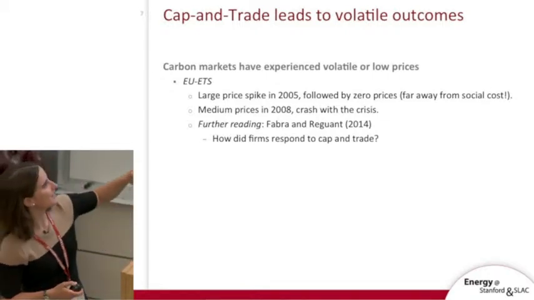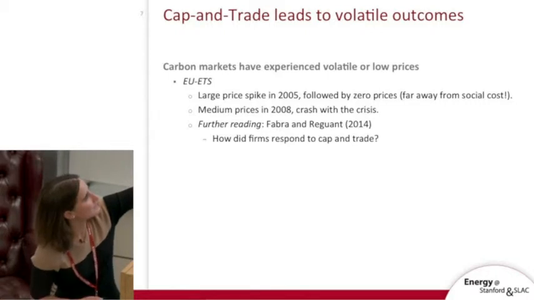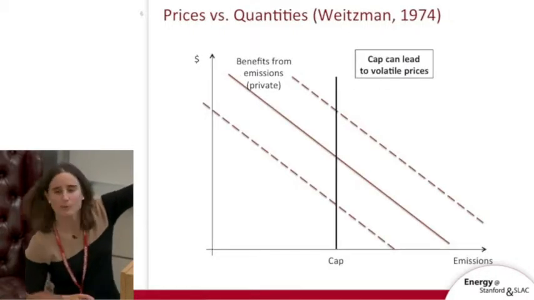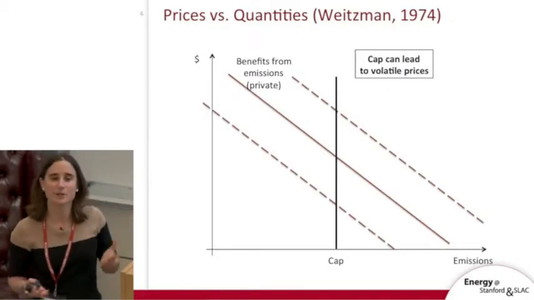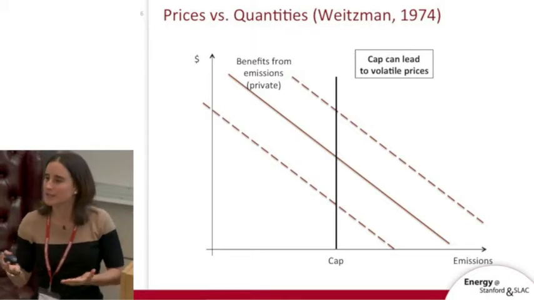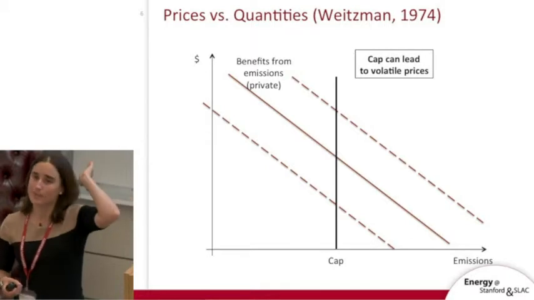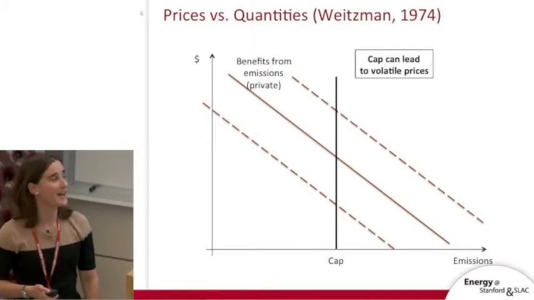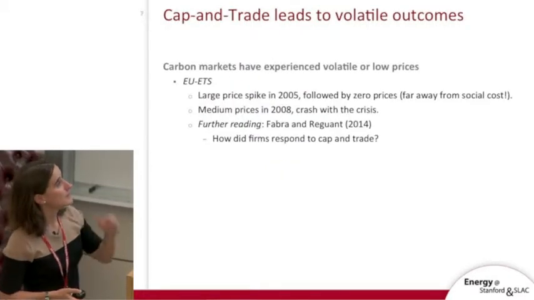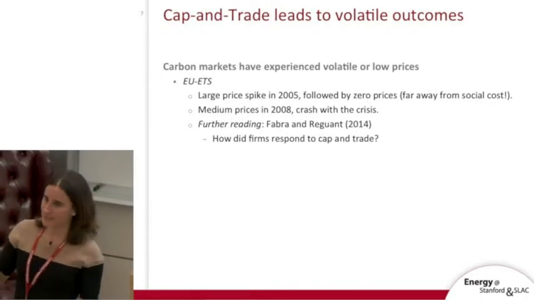The crisis hitting is something like this guy here, the one on the very bottom. All of a sudden, there is the economic crisis, and people are not quite willing to produce. So in that case, prices will also plummet and go down to zero. These zero prices are a market outcome.